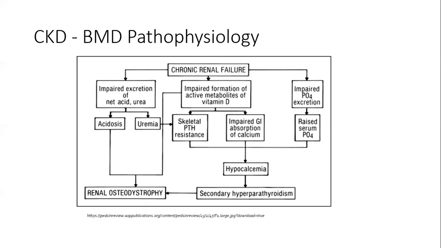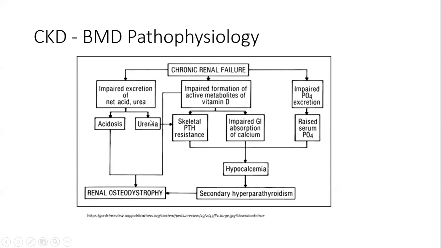For example, chronic renal failure will cause impaired excretion of net acid in the urine, impaired formation of the active metabolite of vitamin D, and impaired excretion of phosphate. So all of those are interacting together.